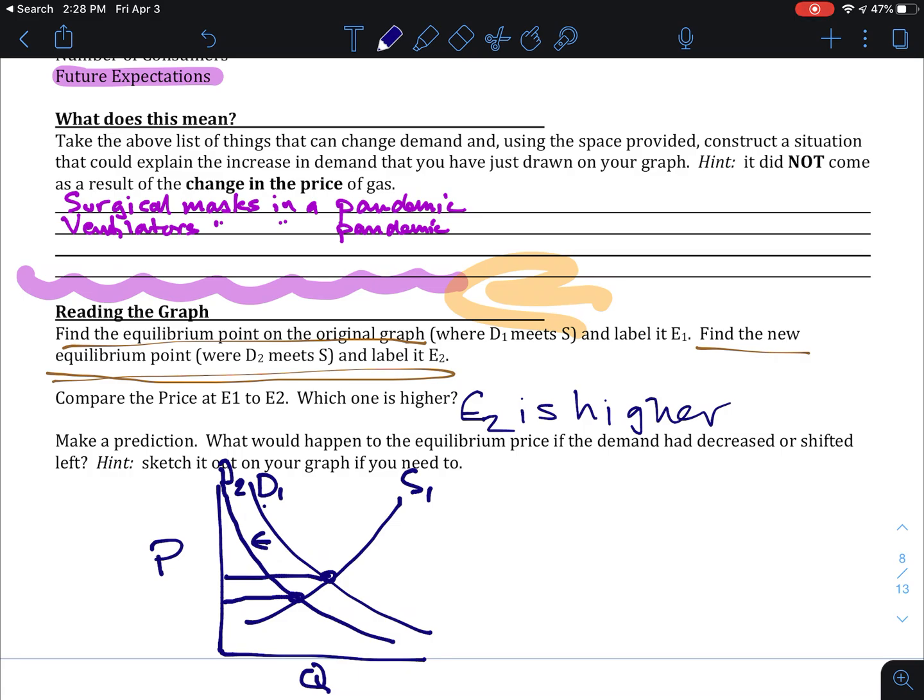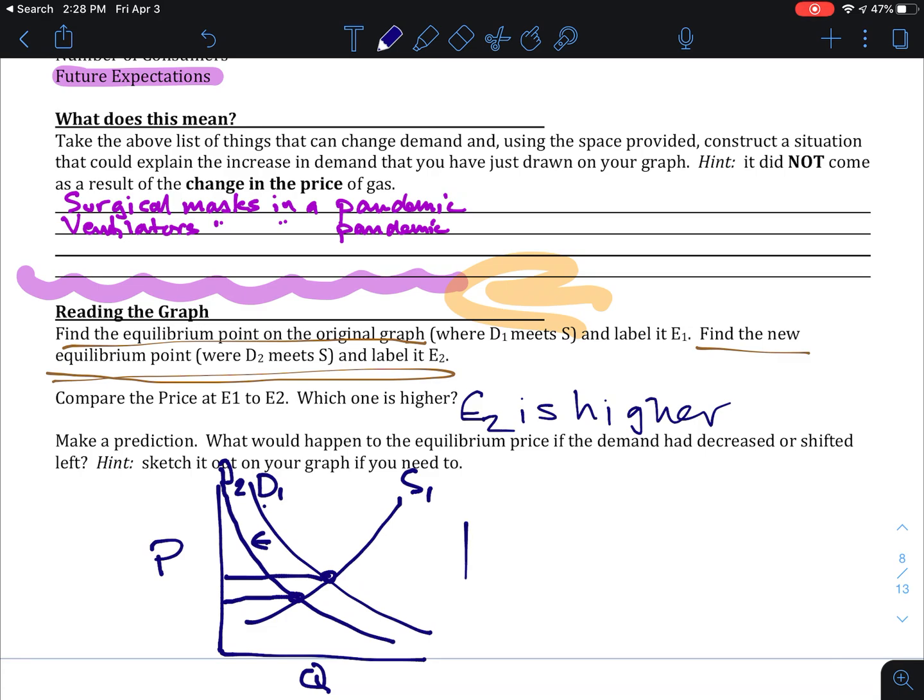It means I'm driving 100 miles less every single day. A lot of people are telecommuting, or their jobs have evaporated, and all of a sudden the demand for gas has gone down at all possible prices. It wasn't that the price went up, it was that the demand just fell through the floor.